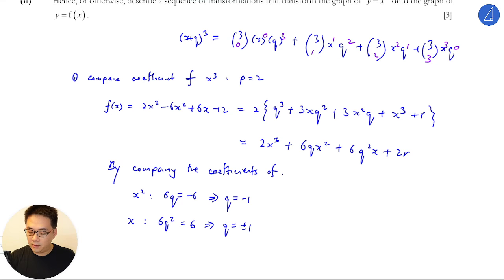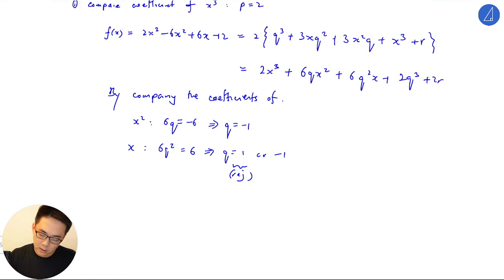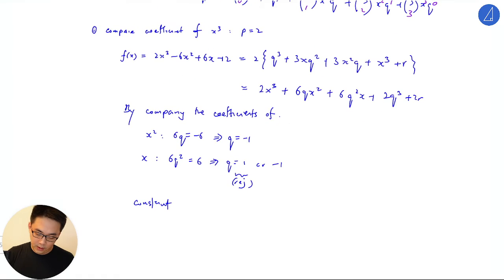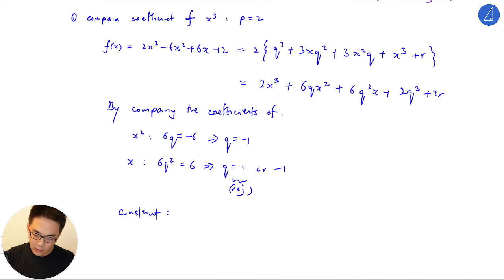You need to reject one because you need to satisfy q equals -1. So then the constant would then be, wow, did I miss out the constant? I did, right? 2q cubed plus 2r. So the constant would then be 2q cubed.